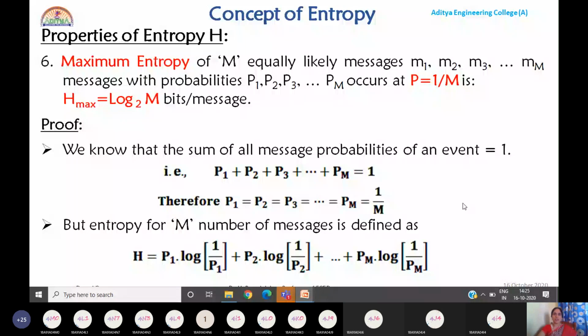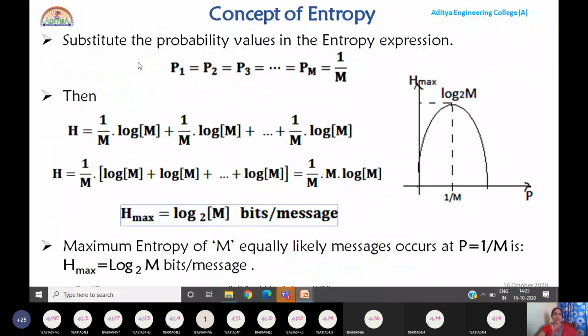So upon replacing all the values as 1 by m, our entropy will be P1 log 1 by P1. So P1 is 1 by m, and log 1 by 1 by m gives m.